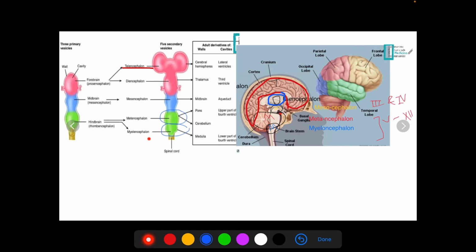Below it, this part, the midbrain, will be mesencephalon. And this part below the midbrain, the pons and cerebellum, will be metencephalon. And the lower part, the medulla, will be myelencephalon.